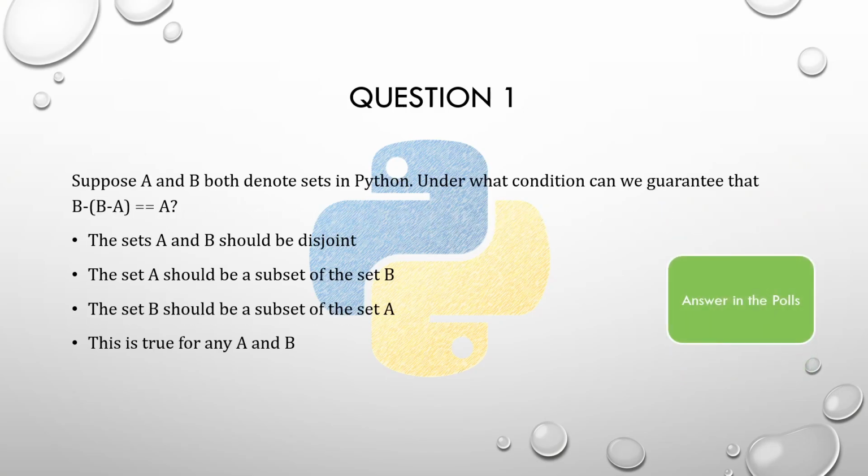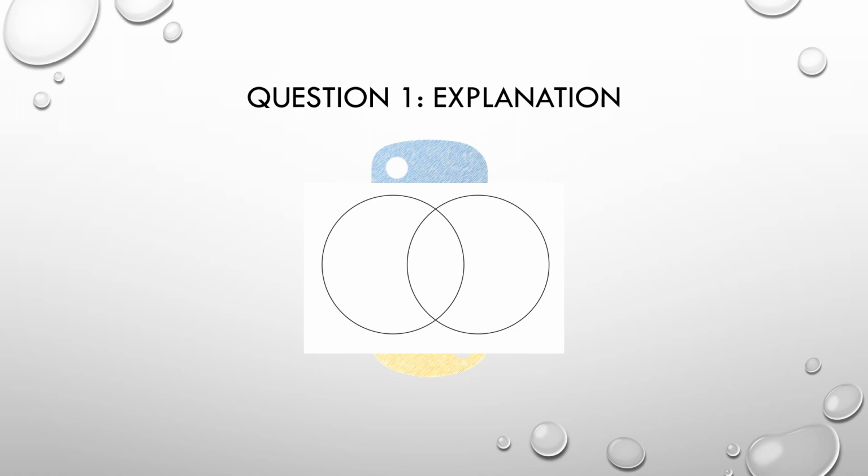So what was the thing? B minus A equivalent to A. B minus A means, I have two sets, A and B, right? They intersect. The part in between is their intersection, and this whole thing is a union. Let's say my left one is A, right one is B. B minus A means whatever is common in A and B, everything in B except that.